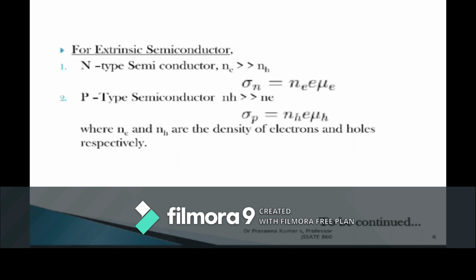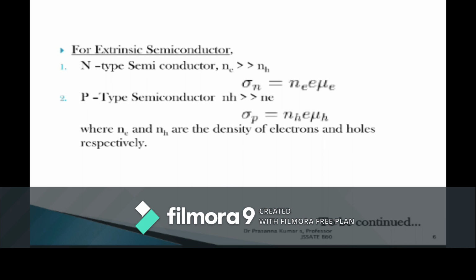If you neglect the hole concentration n_h, then I can write the electrical conductivity expression for n-type semiconductor as sigma_n = n_e e mu_e. I am neglecting the other plus term of the bracket.